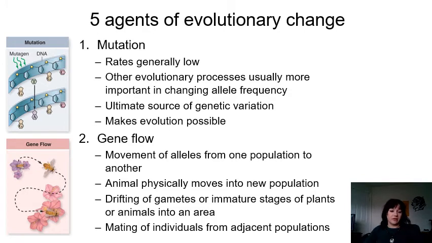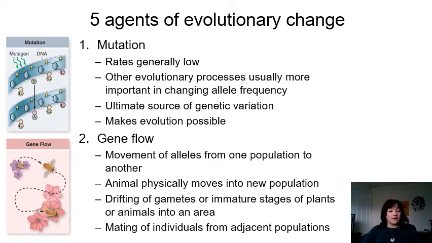In the example in this picture, we have a bee traveling from a population of purple flowers to a population of pink flowers. So the purple population probably didn't have very many alleles for pink, if any, and the same goes for the pink flower population, which probably had very few to no alleles for purple.